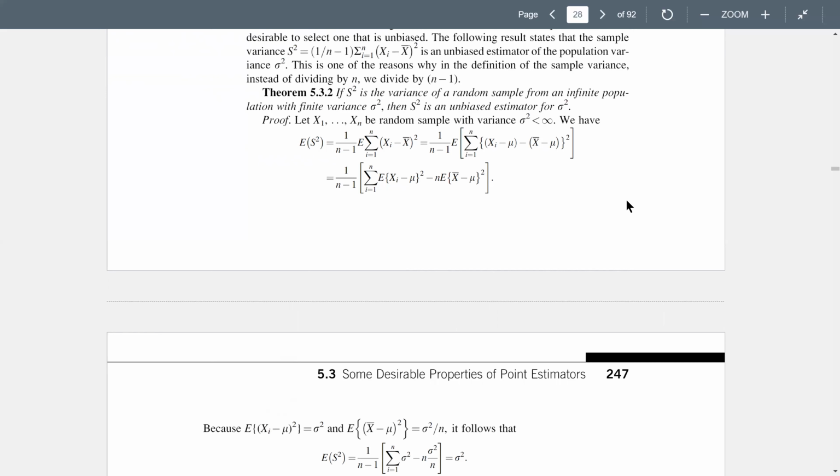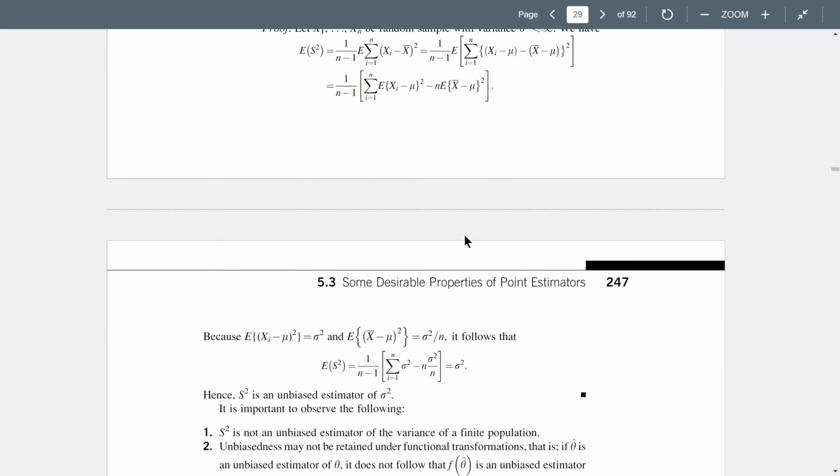And this we can prove by taking the expected value of S square. So S square is that, and you take the expected value of this thing, rearrange it this way and develop it.